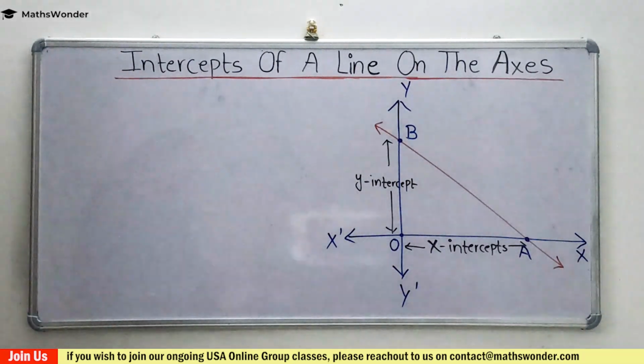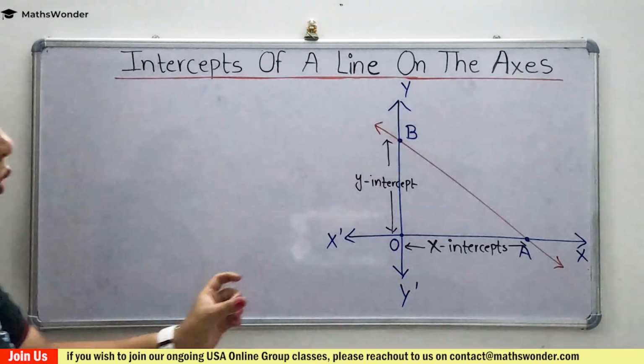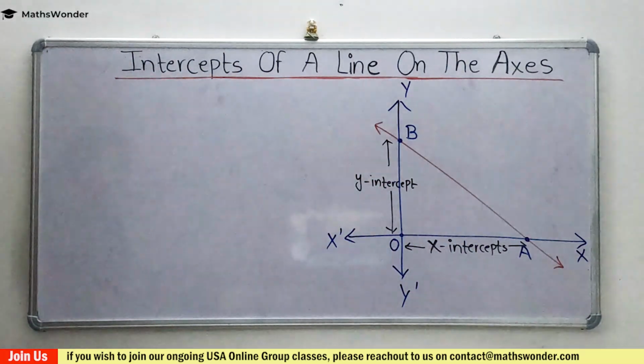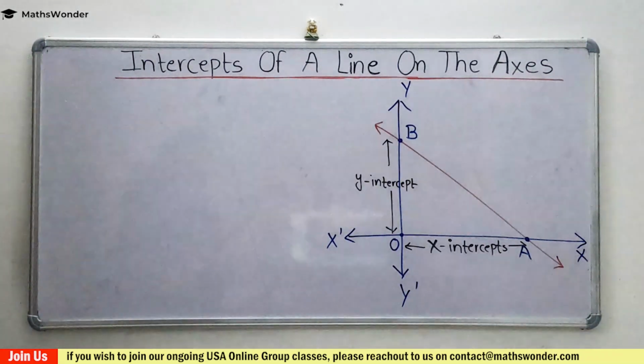Now, basically according to the line meeting the positive or negative directions of the coordinate axis, OA is the x-intercept and OB is the y-intercept. So OA is positive or negative according as A lies on OX or OX dash respectively. For example, OA is positive, look at the board.